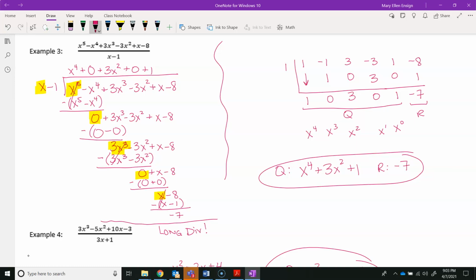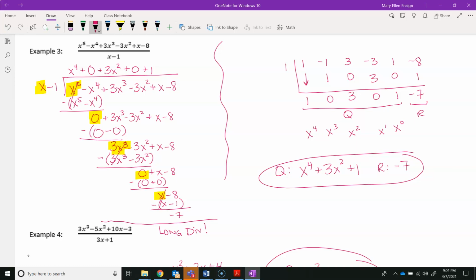And that's a great thing to ask me about in office hours. Most of the time when someone gets off track with long division, especially, and with synthetic, but mostly with long, it's a sign error. So maybe when you're subtracting, negative x to the fourth and minus negative x to the fourth, you're doing plus instead of minus. That's most of the time.